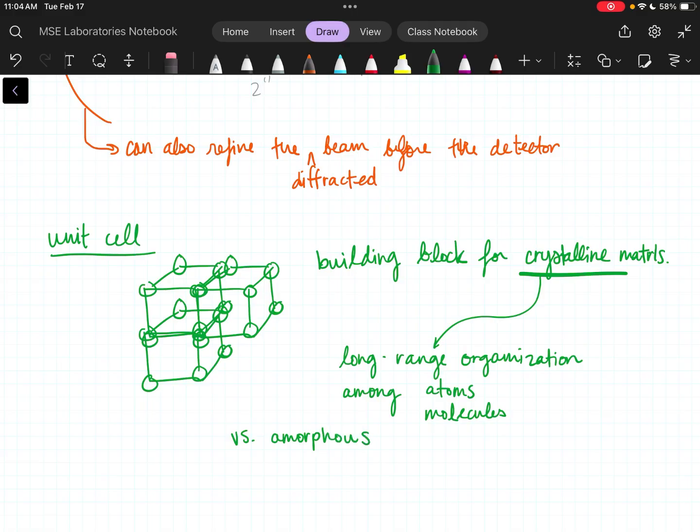Do you know the antonym, or the opposite, of crystalline? Non-crystalline is a good word. Amorphous is the other word, which basically means random orientation, no long range order. And we can have semi-crystalline, which means it's a little bit crystalline and a little bit randomized.